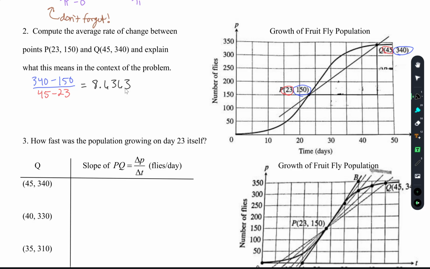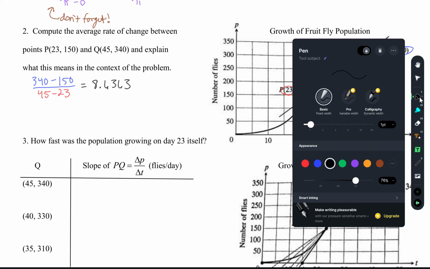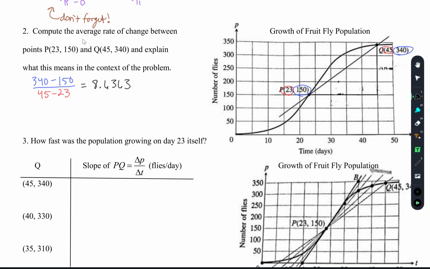Okay. So what you say is you kind of rewrite the problem in a way. So it says compute the average rate of change. So they already kind of gave it away what you're doing. Okay. So you would say the average rate of change.